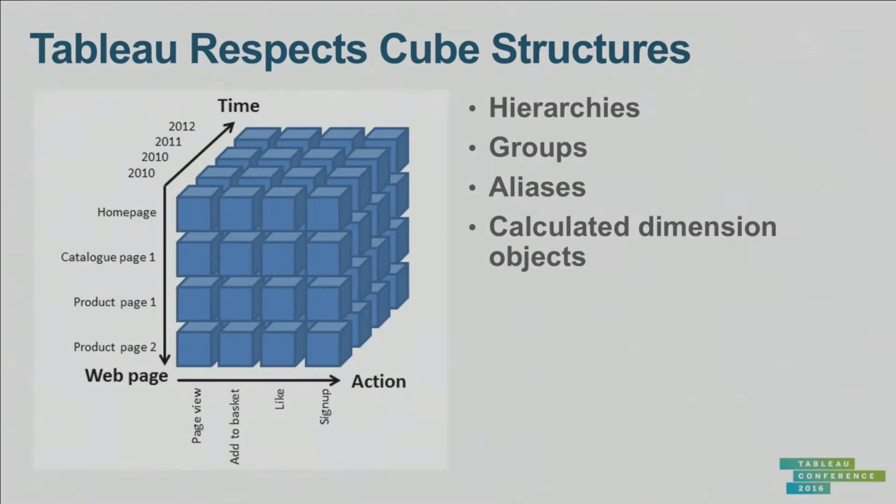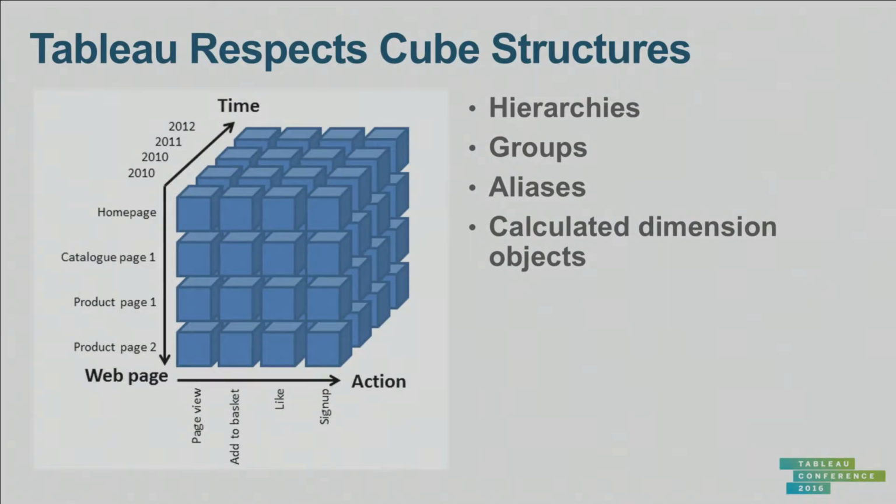So the things that we may be used to in terms of on-the-fly metadata management, building hierarchies, creating groups, aliasing fields, even creating really complex calculated fields, that doesn't really logically sync up with a cube because we can't alter those fundamental structures because the entire basis of the data and the aggregation is built on those that exist in the cube already.